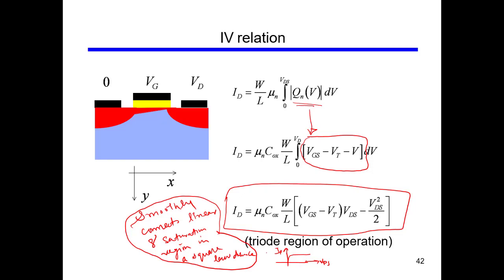Okay. So the equation is also applicable to what is called the triode region. What is triode? So the triode region is basically, if I draw this whole region, after this point it saturates, so this whole region is called the triode region.